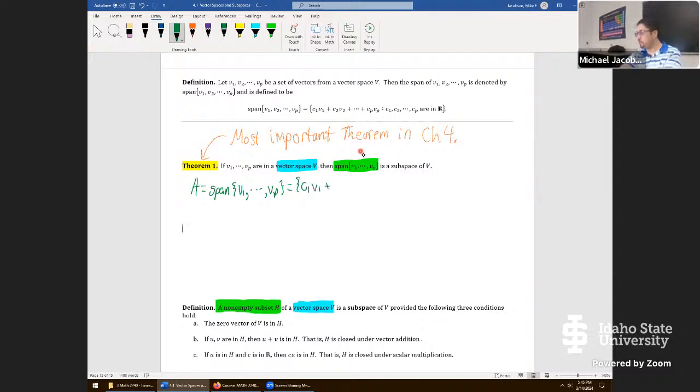I'll write this out with a little bit more detail. Scalar C2 times V2. Then all the way through CP times VP, where the only condition we require is that C1, C2, through CP, all of those are scalars. We'll just say that by saying they are in R. So that's the set we have to work on.